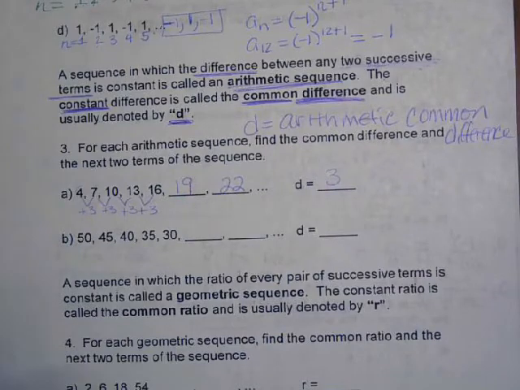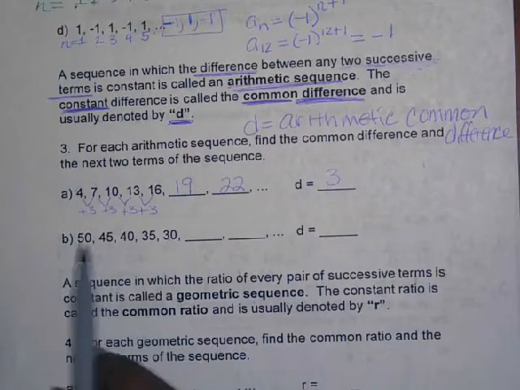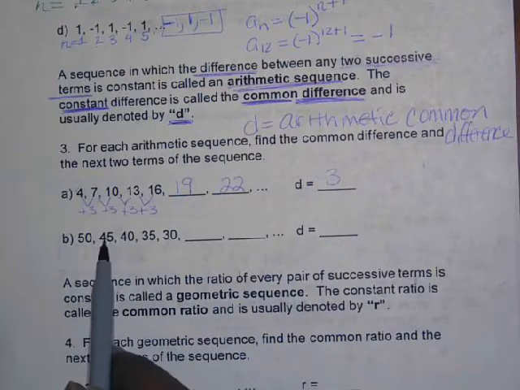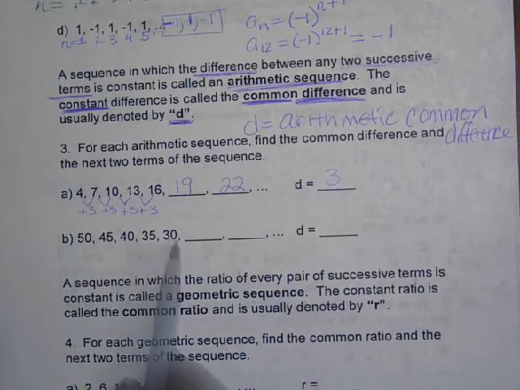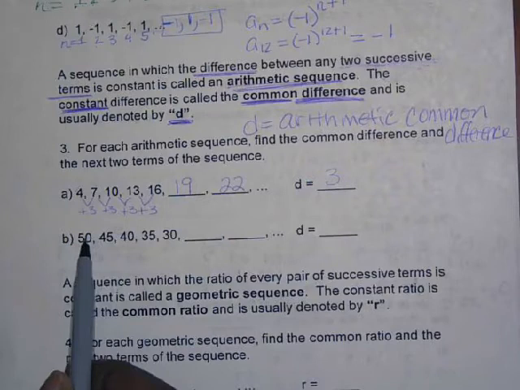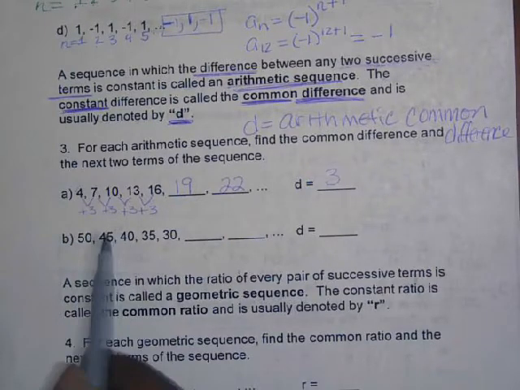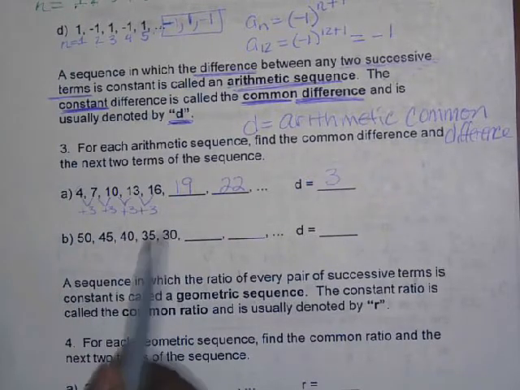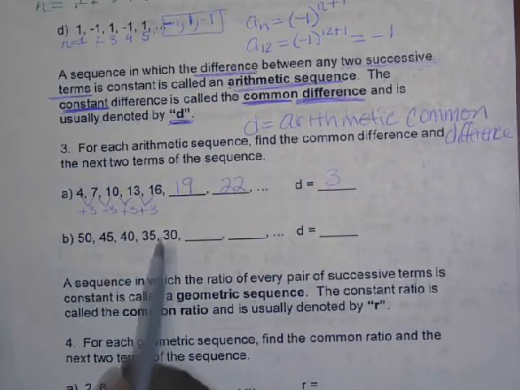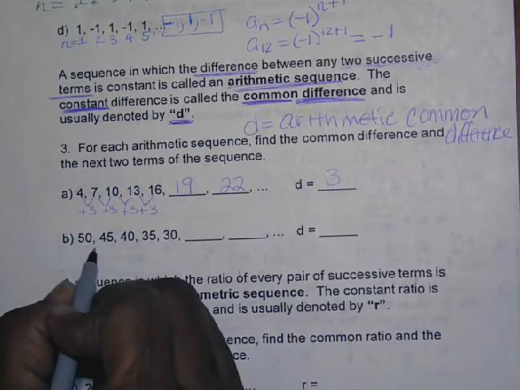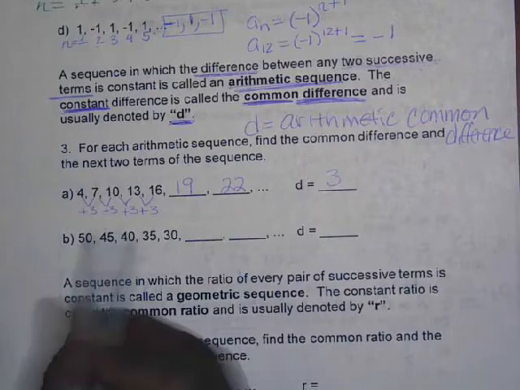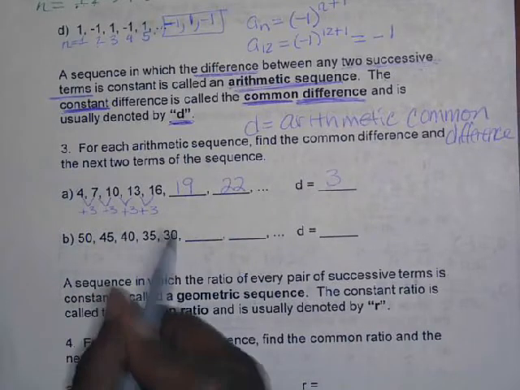Okay. What about this one? 50, 45, 40, 35, and 30. Well, that's minus 5, minus 5, minus 5, minus 5. But if I'm going this way, I'm sorry, this is plus 5, plus 5, plus 5, plus 5.